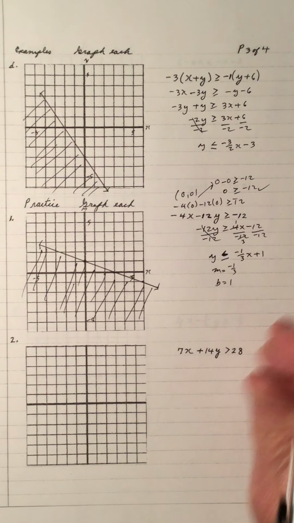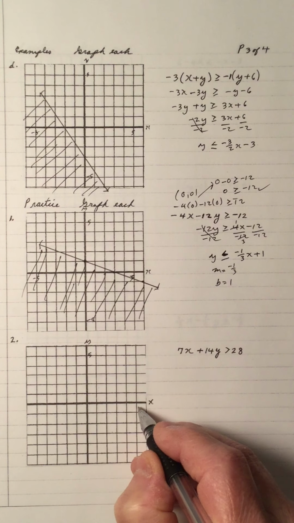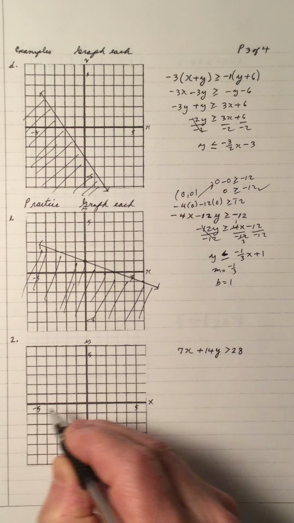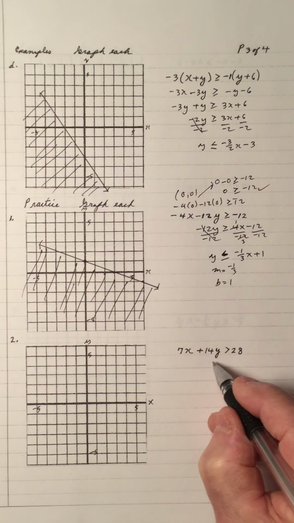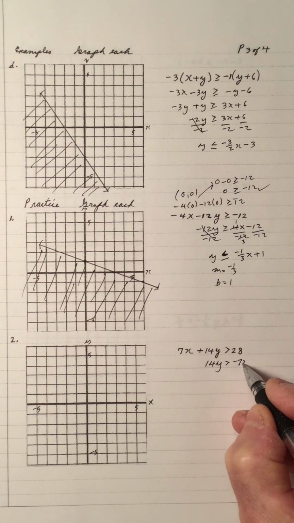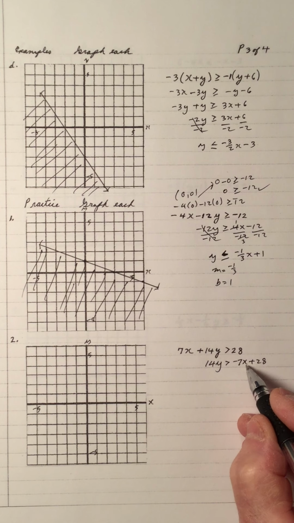And number 2, again, we have an X and a Y. No matter how many times when you're doing things by yourself, you forget to do a few little things. So we solve for Y. So the 7x moves over to become a minus 7x.